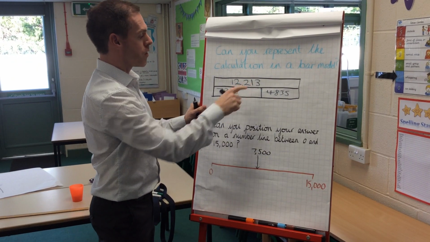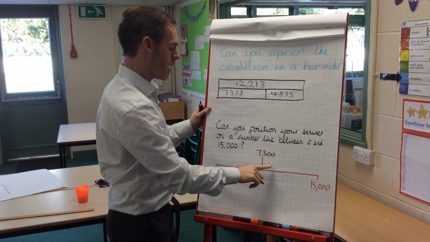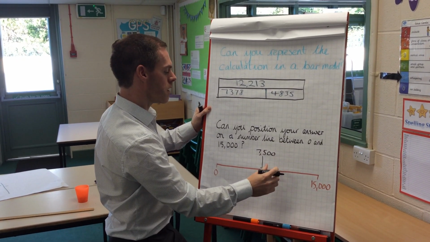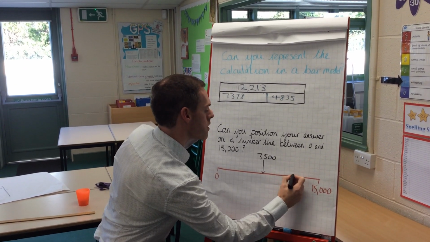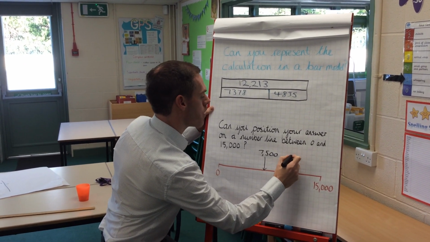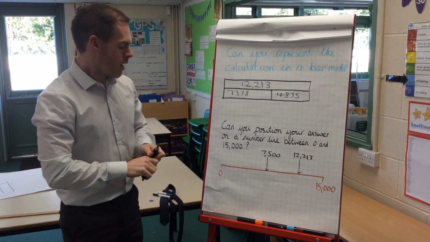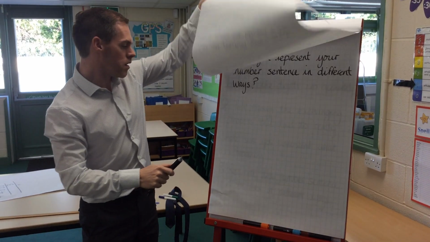So I know that 12,213 is more than 7,500. So it's going to be this side of my bar. I'm going to suggest, with estimating and looking at my bar closely, it's going to be closer to 15,000. So I'm going to put it around here. 12,213.